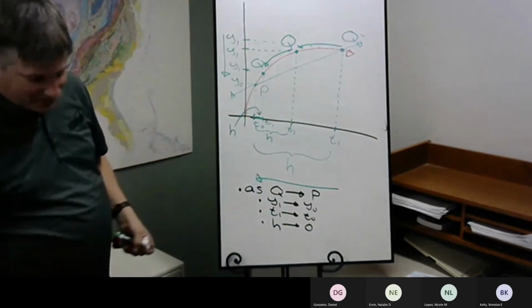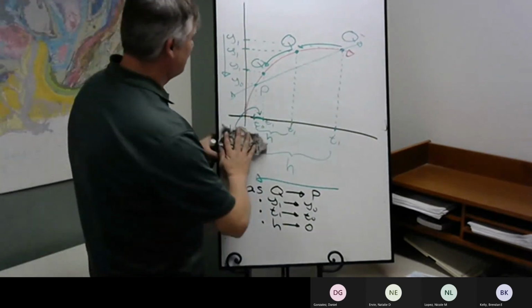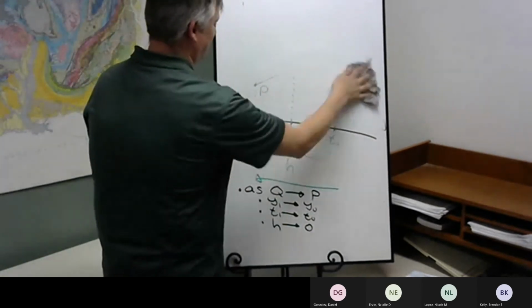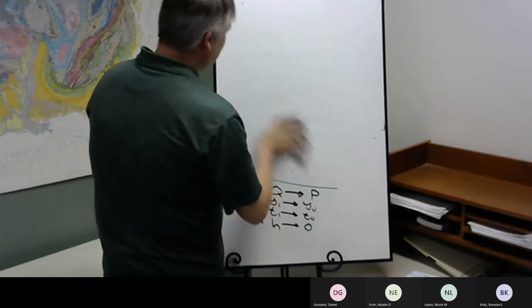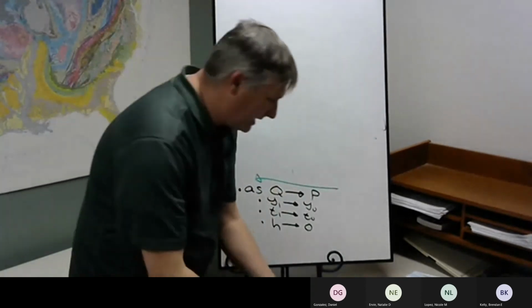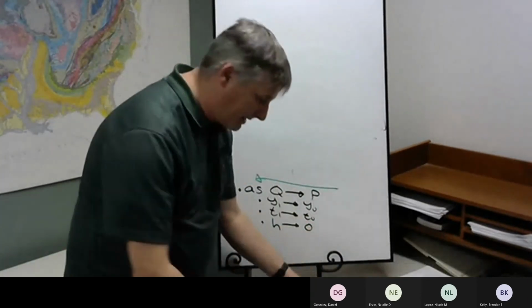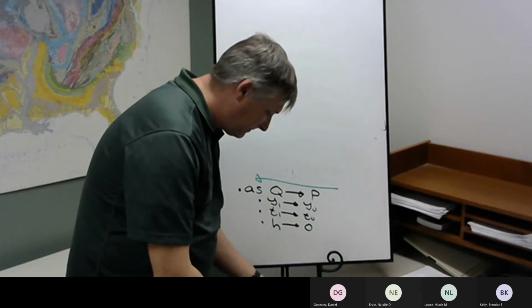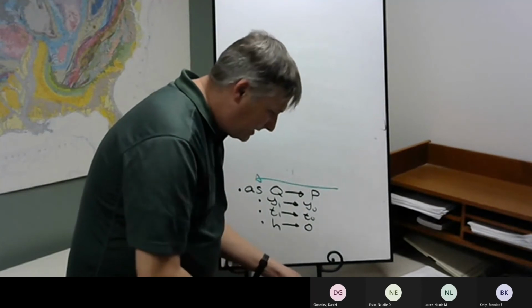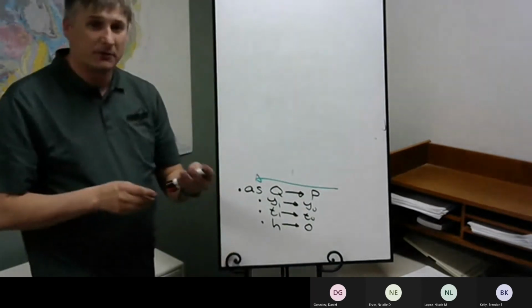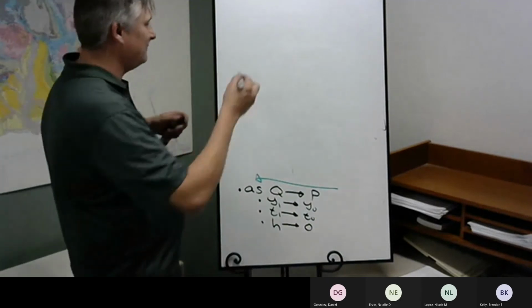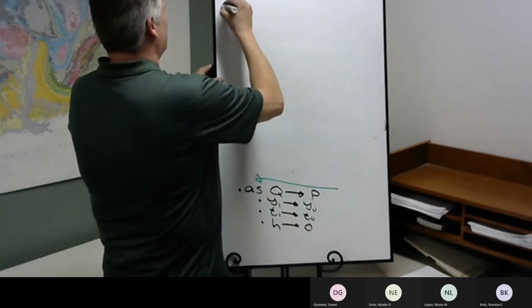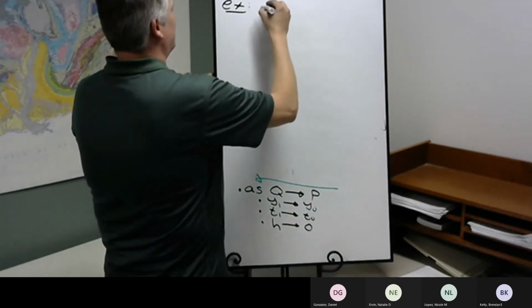So here's the idea. If you want to see a good picture of this in the text, I'm going to do one example, but that'll be it for today. I might even draw my own and post that for you later. So let's say this.